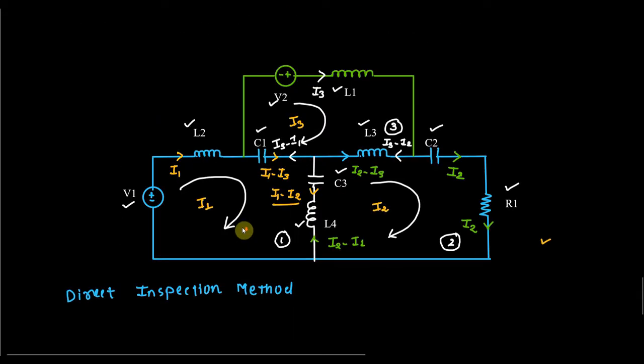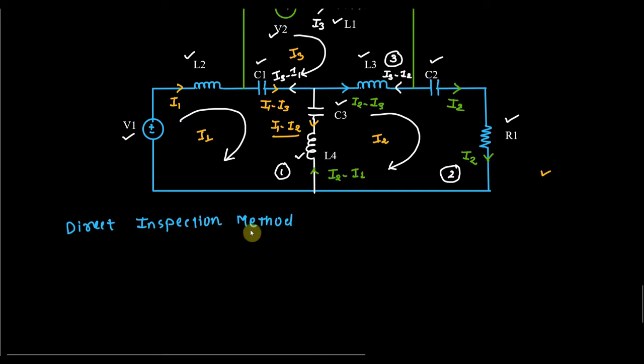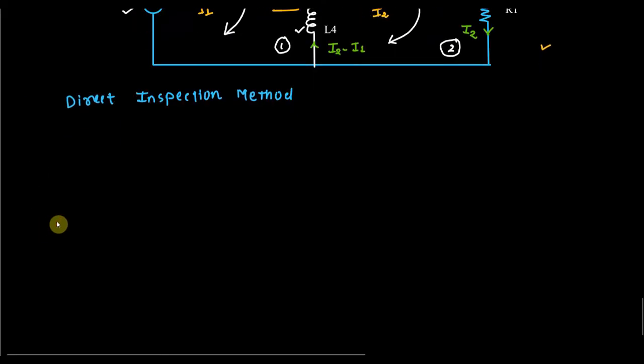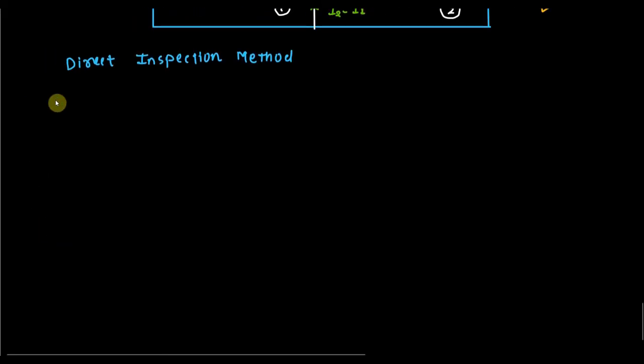So instead of writing all these equations, I directly write the mesh matrices here. For that we have to understand a few important points. The first point is to find out how many meshes there are, exactly similar to the previous question.